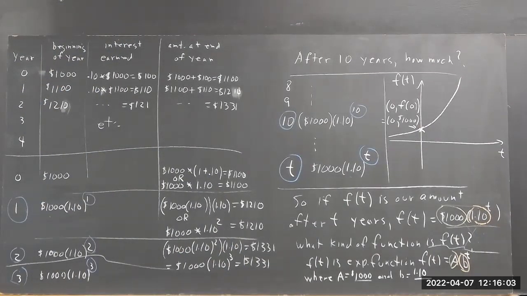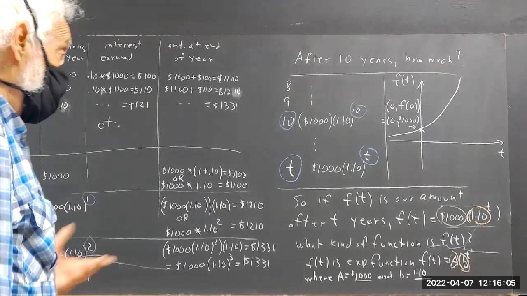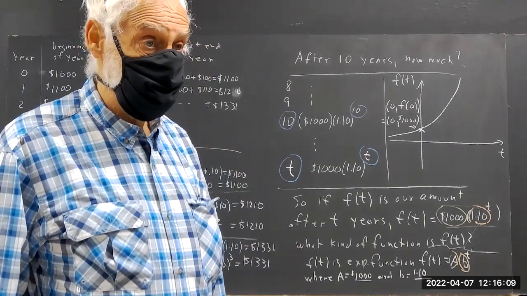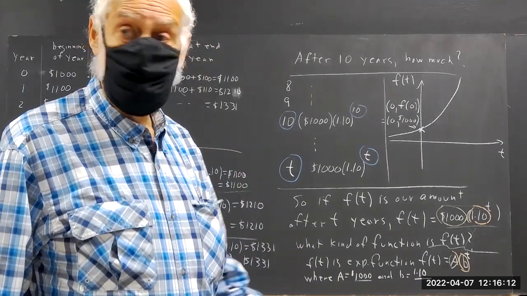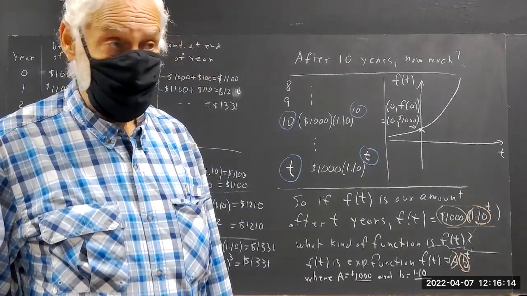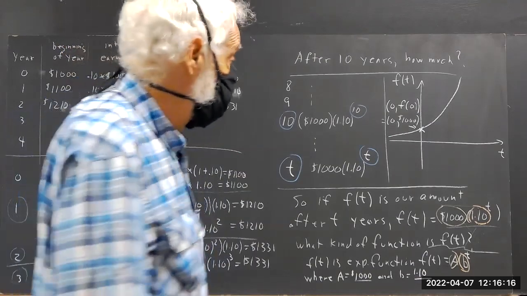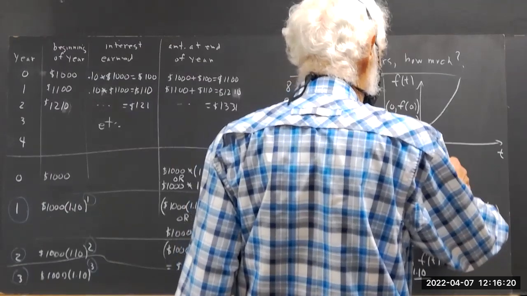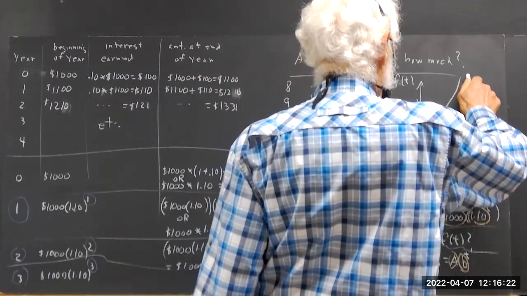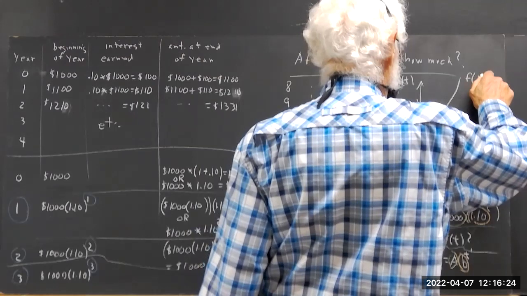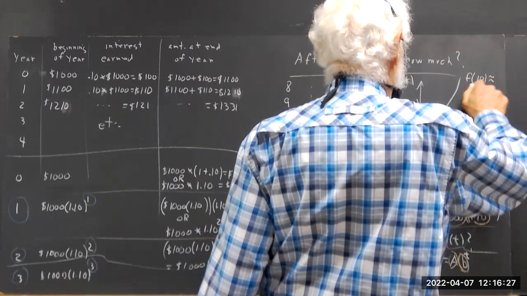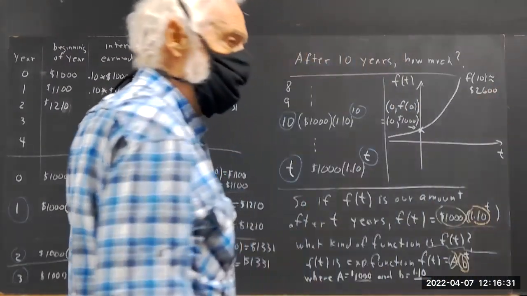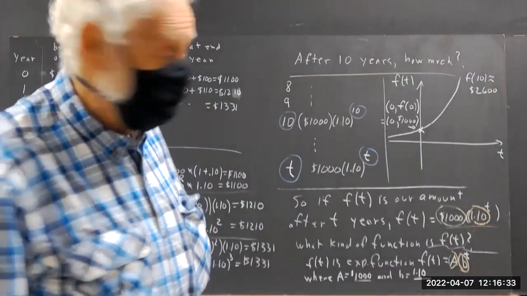Now I don't know if you calculated the 10th year amount. So if you do, I'm thinking you end up with something close to 2,600. So after 10 years, F of 10 is about $2,600.